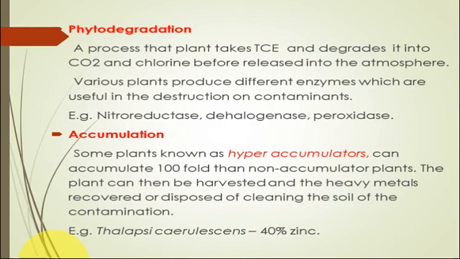Generally, accumulation is done by plants, as you know, but among plants there are hyperaccumulators, which can accumulate 100 fold more than the normal accumulators do. Just like Thlaspi caerulescens is a plant which accumulates 40% more zinc when compared to other plants at the same site.